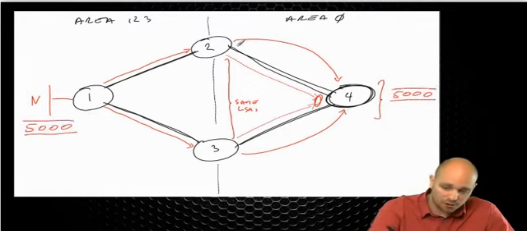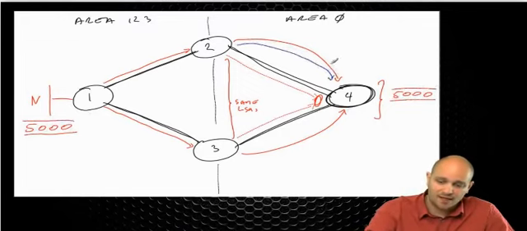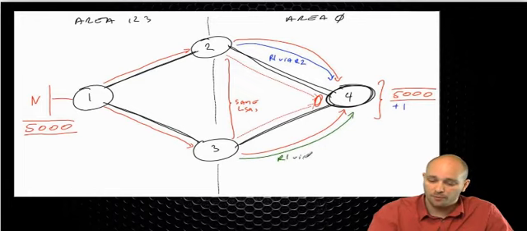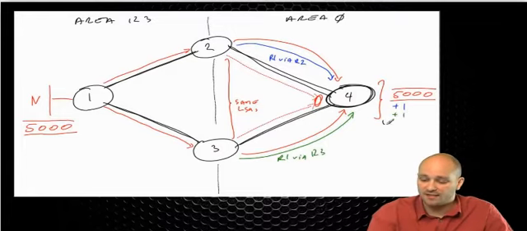Then R2 here is actually going to say that R1 is reachable through R2. So here I'm going to have +1. And R3 here is going to say that R1 is reachable through R3, so I'm going to have +1. So the total number of LSAs here is going to be 5,002.